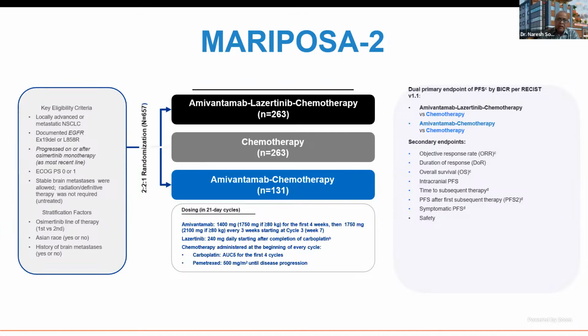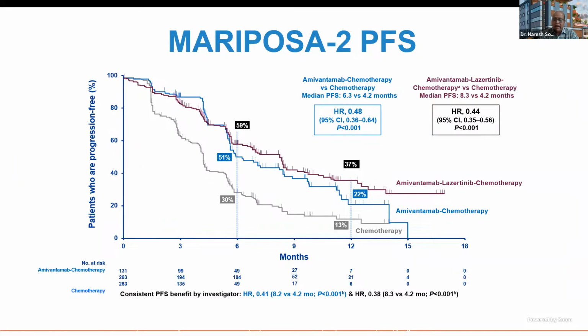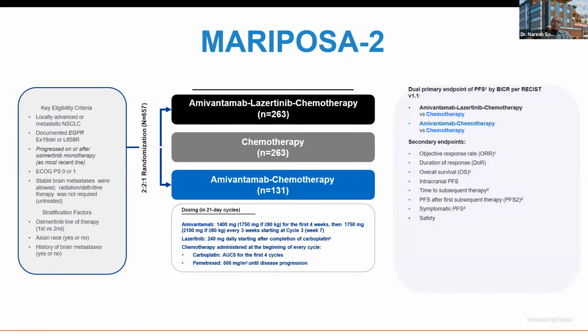These patients were randomized to amivantamab plus lazertinib plus chemotherapy doublet combination versus chemo only versus amivantamab plus chemotherapy. So it was a 3-arm study. An important thing here is that an amivantamab 3-weekly schedule has also been designed. So in our patients today who are exon 20 insertion mutation positive and getting amivantamab in clinical practice, you can think of going beyond 2 weeks, that is, changing it to the 3-weekly schedule.